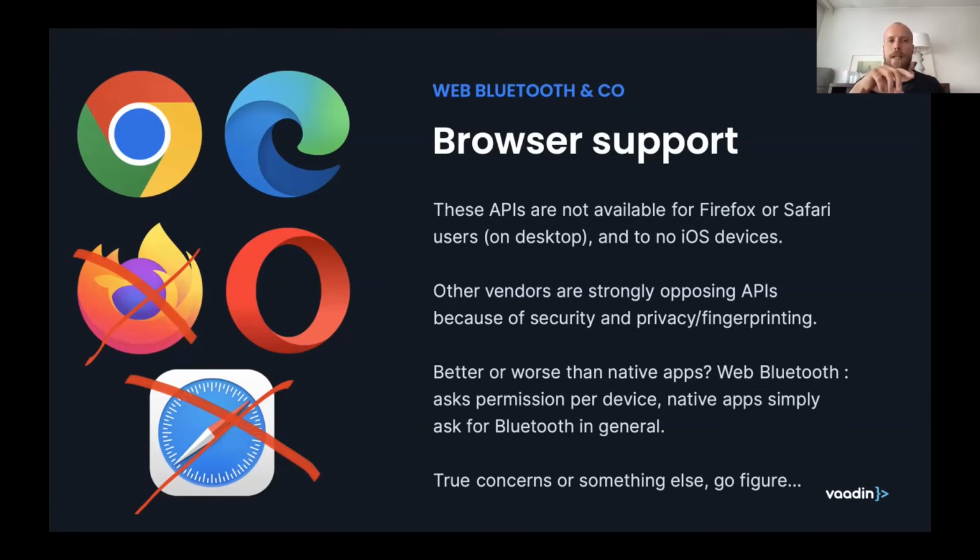These native applications grant access to the whole Bluetooth chipset, and in the same way for USB devices, you give all the access, not just for one device or one port, but you give access per device category. And I would claim that this web Bluetooth approach is actually more secure, but yeah, go figure.